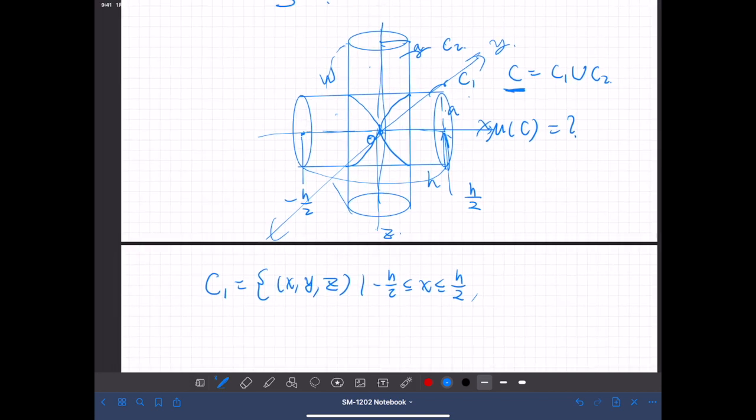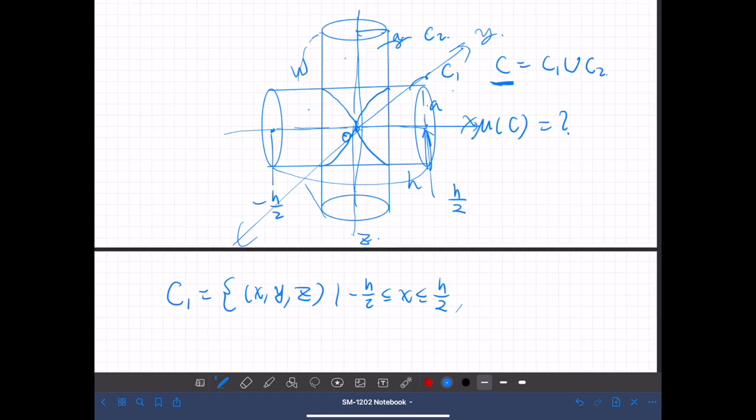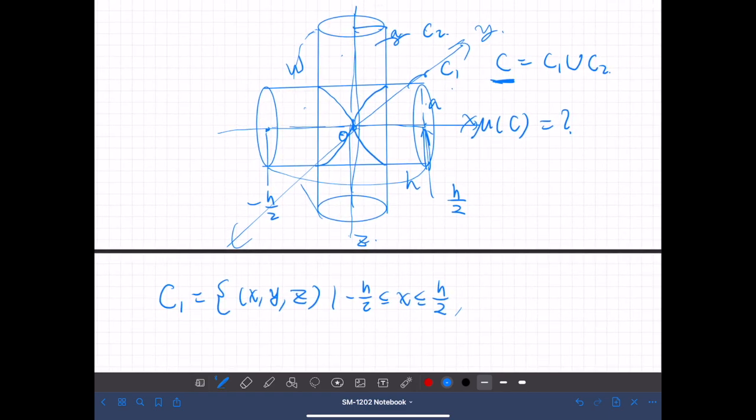If we cut this cylinder at any plane perpendicular to the x-axis, we have a circle, so y squared plus z squared is less than or equal to a squared, because the radius is a.